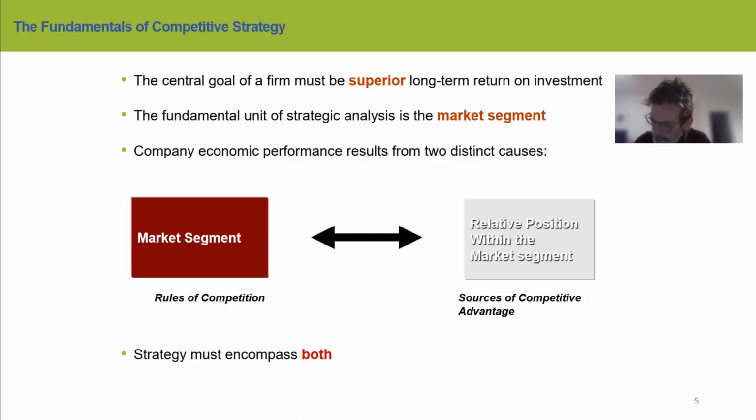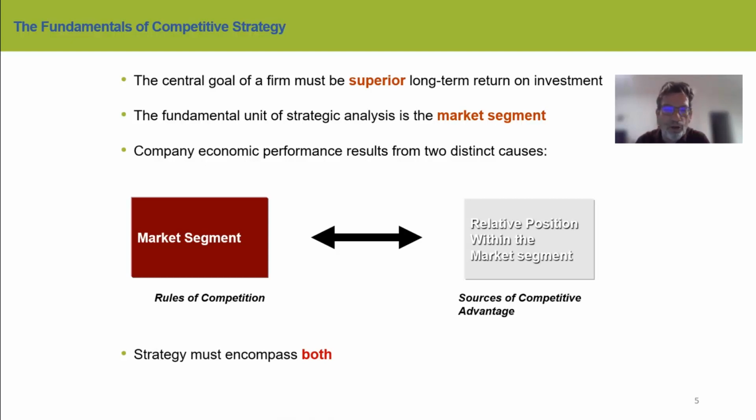So let's talk about the very basic things. When you do a firm, when you do a company, the most important is that you invest money and you get a long-term return. So the fundamental unit of this strategic analysis is to identify the market that you want to target, the market segment.